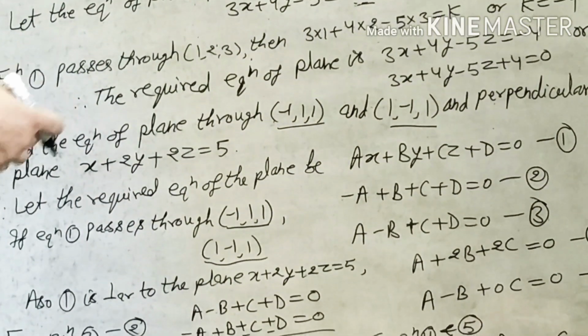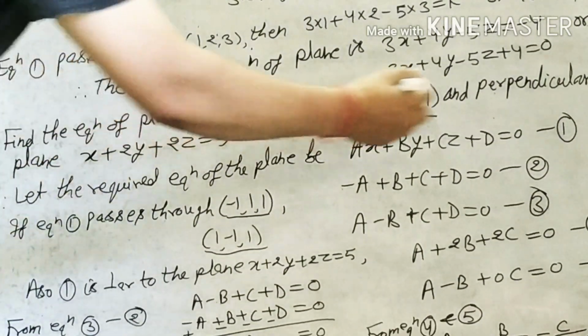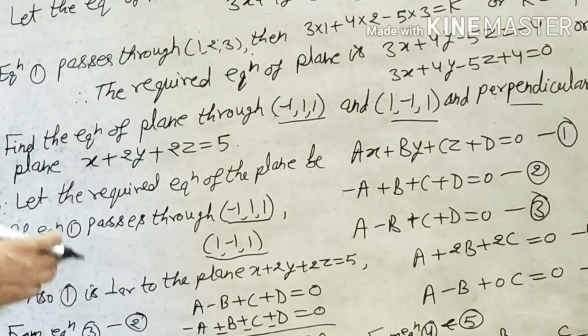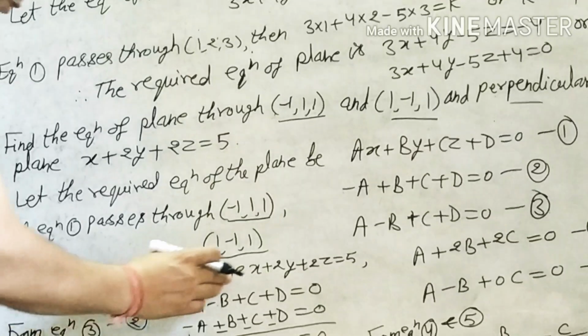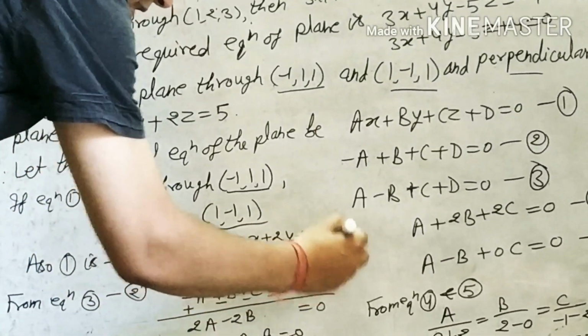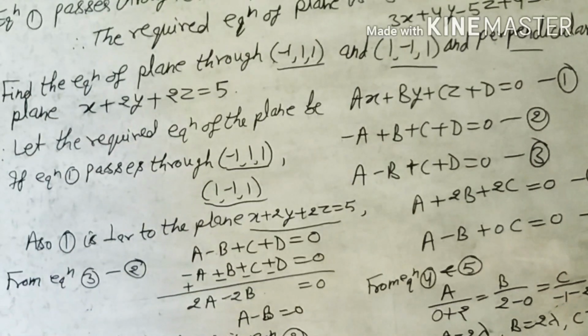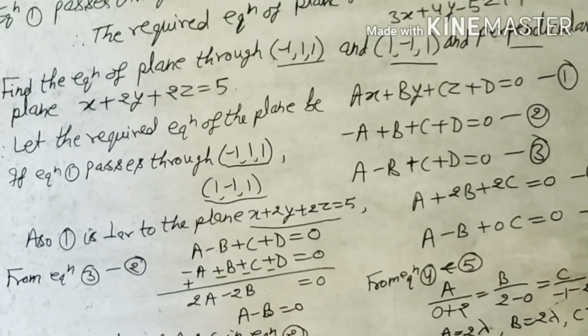Now it is given that the plane is perpendicular to the given plane. For the perpendicular condition you know that a1 a2 plus b1 b2 plus c1 c2 equal to 0.